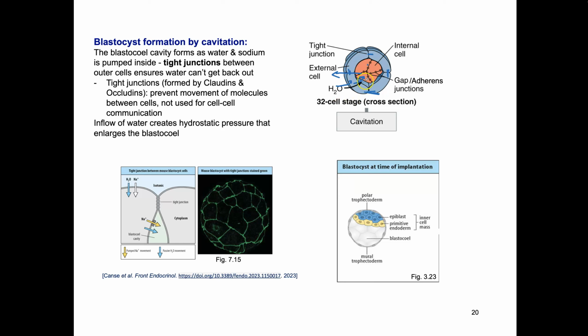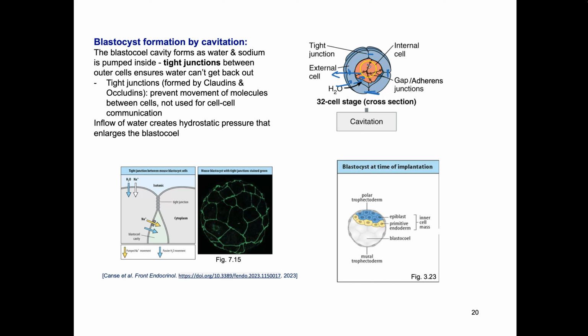So after a few more divisions, this is early, this is the 32 cell stage. By the time we get to the blastocyst stage, I think we have something like 1,000 cells. It's quite a large number compared to this stage. So a few more divisions, and what happens is that there are cells inside.